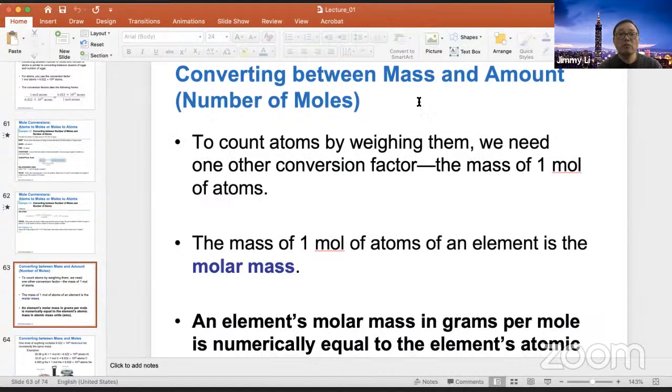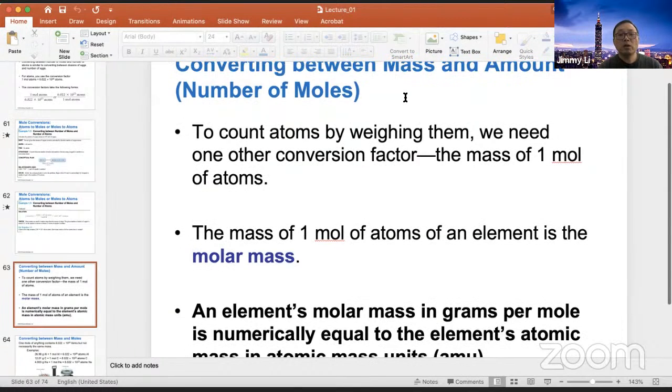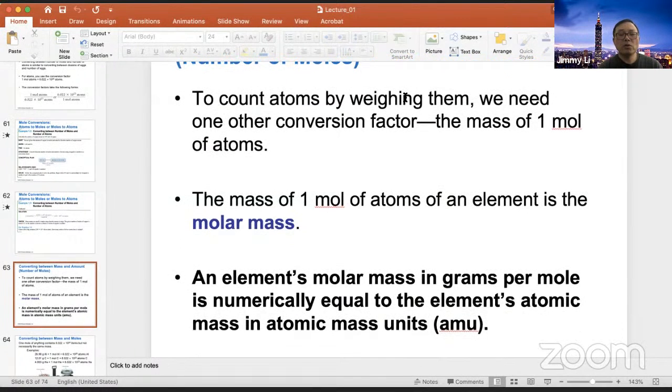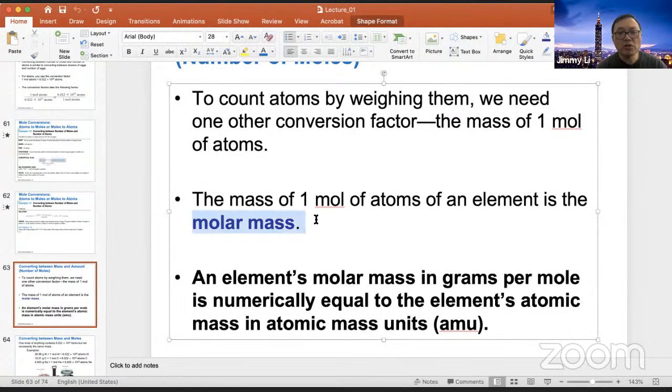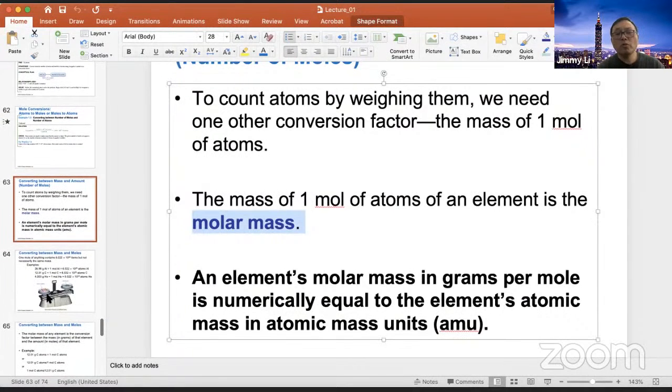Next, how do you convert between grams and moles? When you convert from grams to moles, the key is to understand what the molar mass is. We need to understand what their unit price is about. When you go to Safeway and try to buy 2 pounds of Fuji apples, you need to know what the unit price of Fuji apples is.